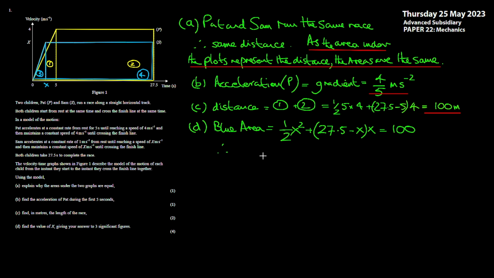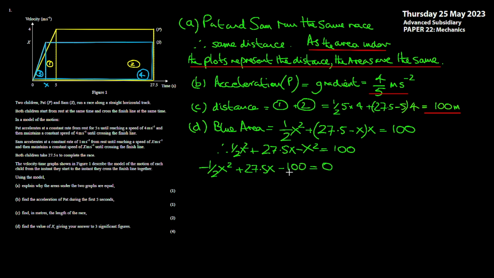So multiplying all this out, I've got a half x squared plus 27.5x minus x squared. And that's equal to 100. So we've got minus x squared plus half x, so this is going to be negative a half x squared, plus 27.5x, minus 100 equals 0.